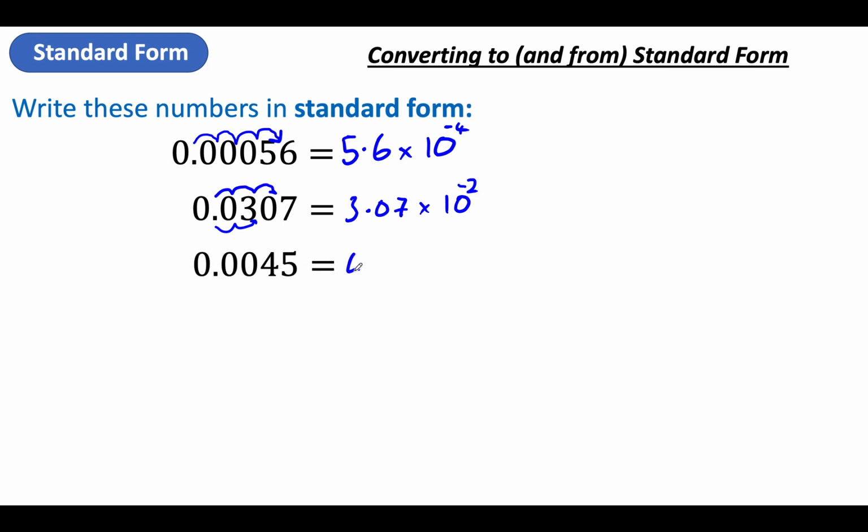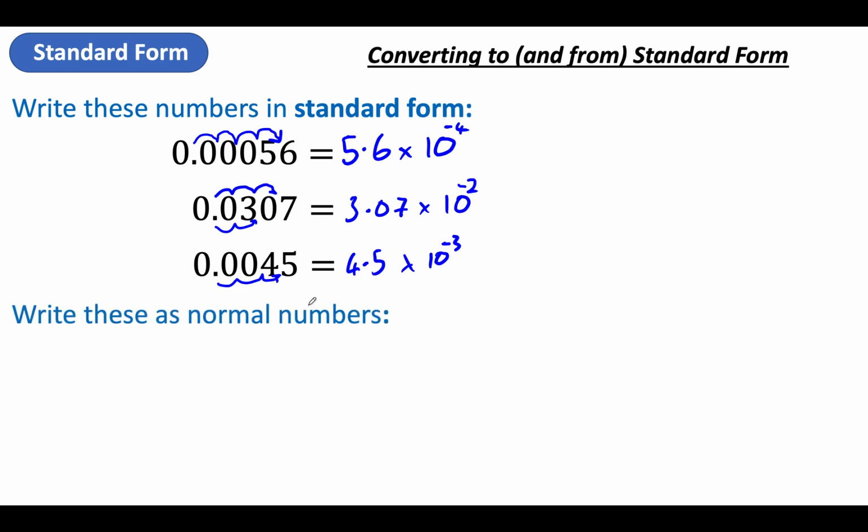And this one, the decimal part is 4.5. That's easy. Times 10 to the power of, well, how many places does it need to shift to get to 4.5? That's 1, 2, 3 places. So it's negative 3, because my number is really 3 places smaller than 4.5.